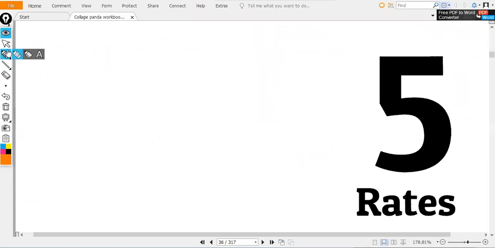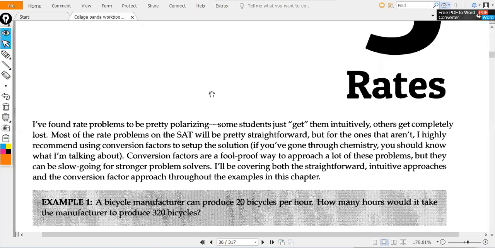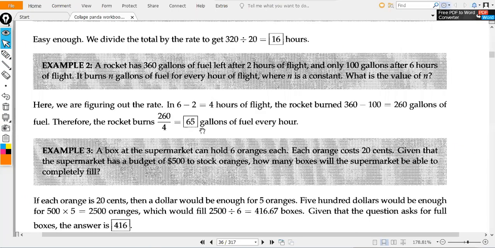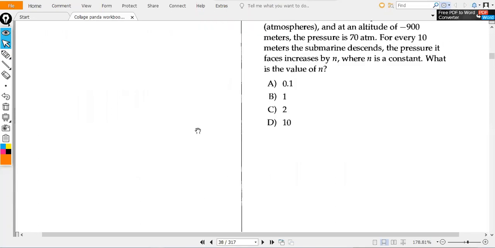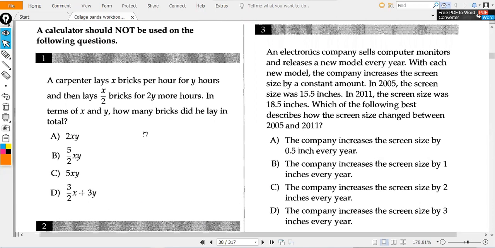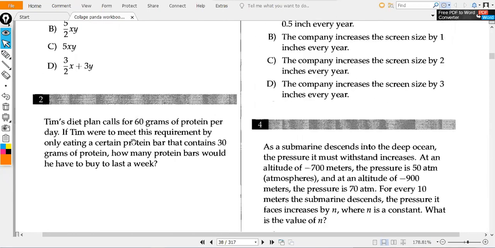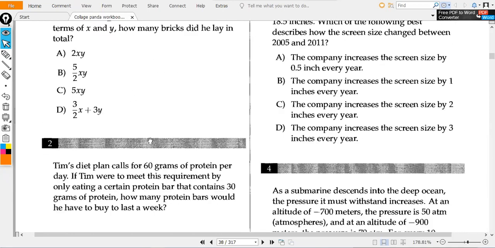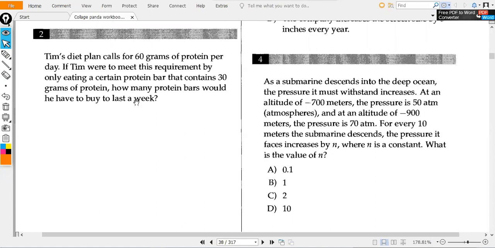Actually, in this unit, we have 30 questions. Big number of exercises in this unit. So let's start with number 2. I'll skip number 1 now, and I'll start with number 2.